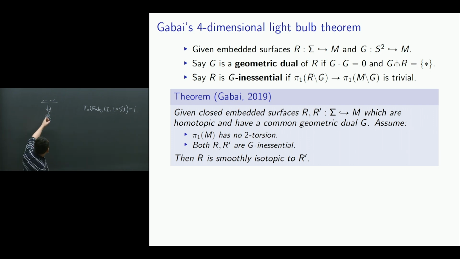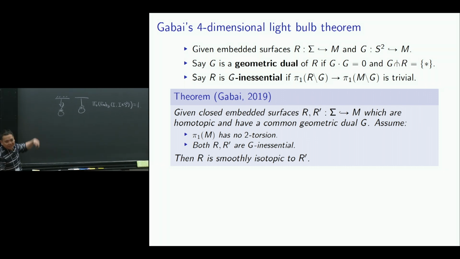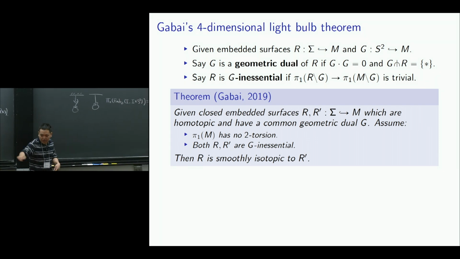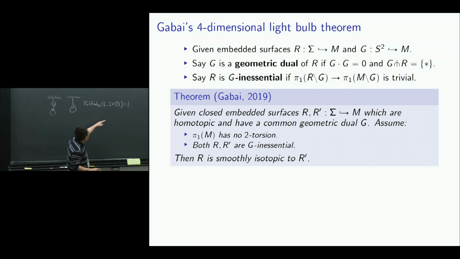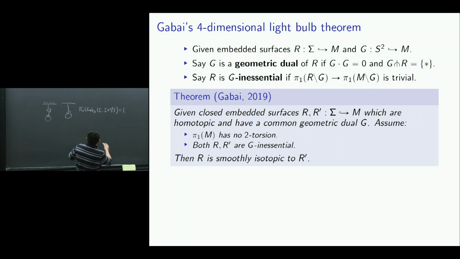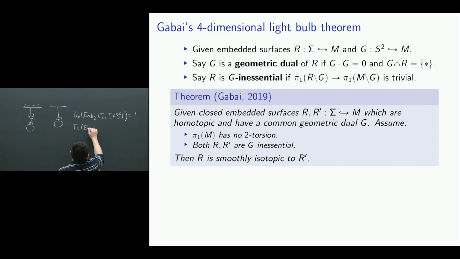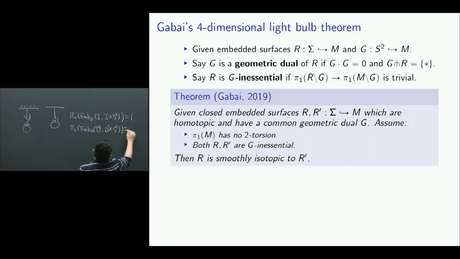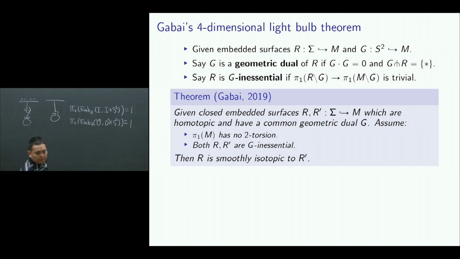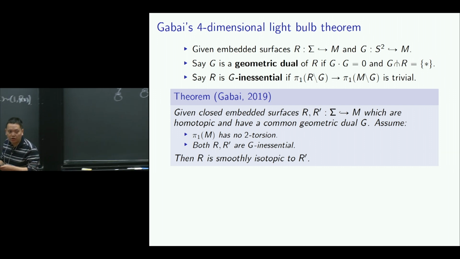Then it turns out that without moving the light bulb, you can always make it into a standard picture, because you can just go below the light bulb and unknot this whole thing. So a special case of Gabai's light bulb theorem is basically the same. You just change this D into D2 cross S2. So this is a four-dimensional version of the light bulb theorem.